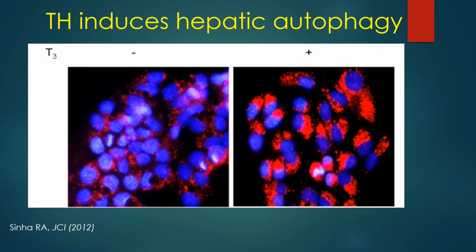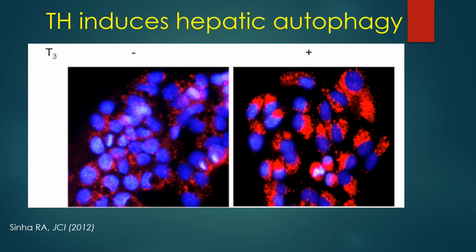Now, there was nothing known about thyroid hormone and autophagy. So the first thing I wanted to know was whether thyroid hormone could induce hepatic autophagy. This is the immunofluorescence picture which shows you the autophagosome formation in response to thyroid hormone. These are liver cells which are overexpressing thyroid hormone receptor. Thyroid hormone, if you remember previous classes, acts through the steroid family of receptors.